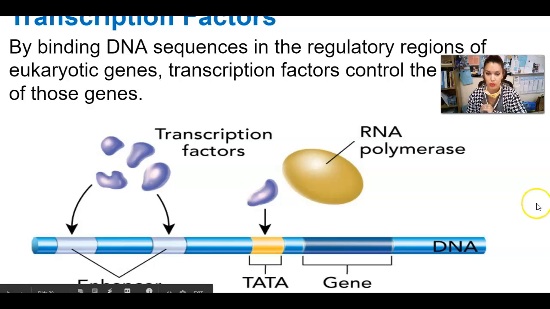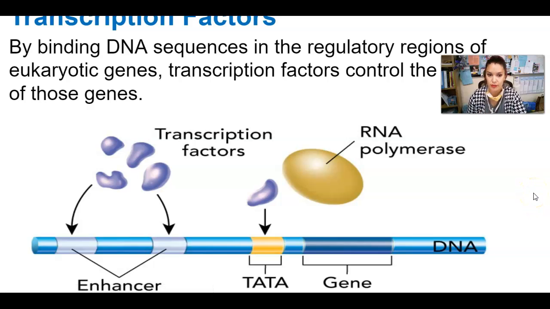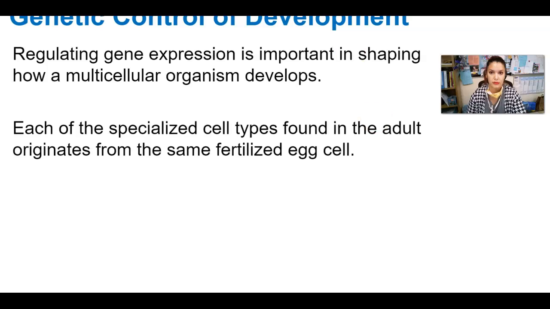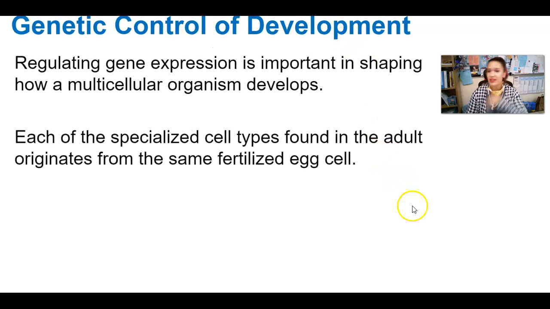That is another word that you should just know the definition of, transcription factor. Cell specialization: complex gene regulation in eukaryotes is what makes differentiation and specialization possible. Again, these are not heavily assessed. I don't even think it's a standard, but because it's in the book and already in this PowerPoint, I'm just going to keep going through it.